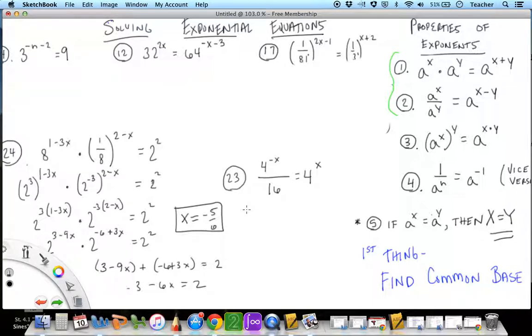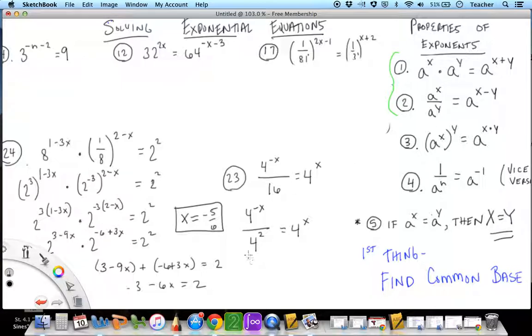So we have 4 to the negative x divided by 4 squared equals 4 to the x power. Now all I'm going to do is follow property number 2 here, which states that if I have two exponential functions with the same base, I can subtract their exponents.